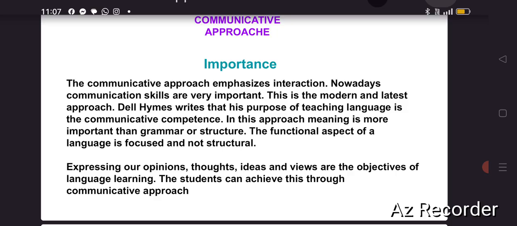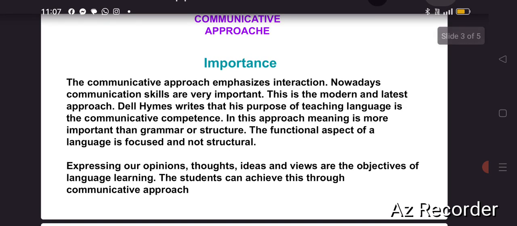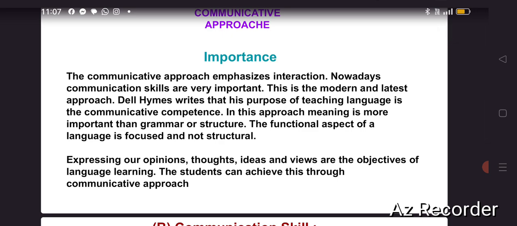Okay, so what does it mean to communicate? We communicate means we express our ideas, thoughts, beliefs, opinions and information to others.